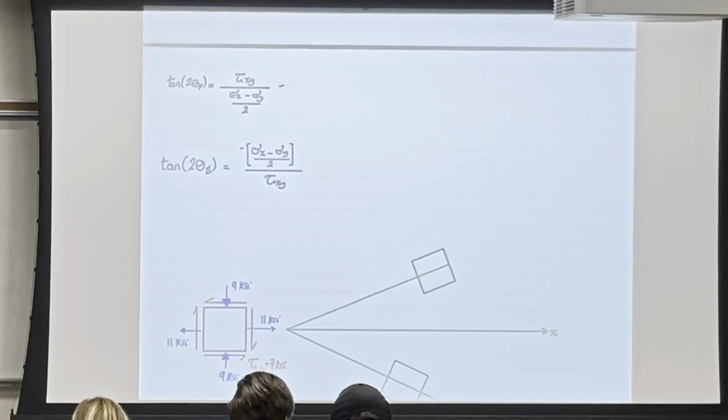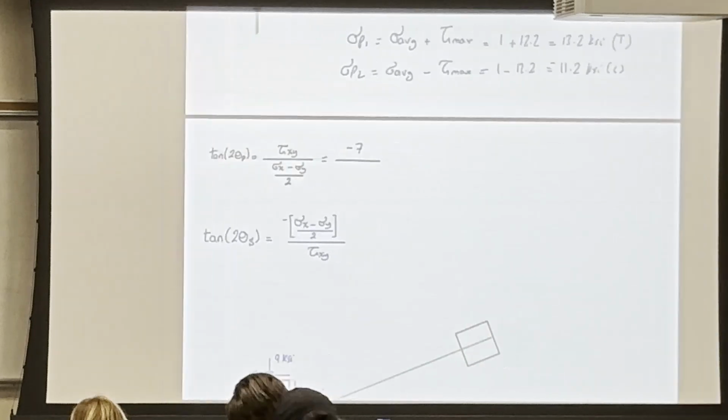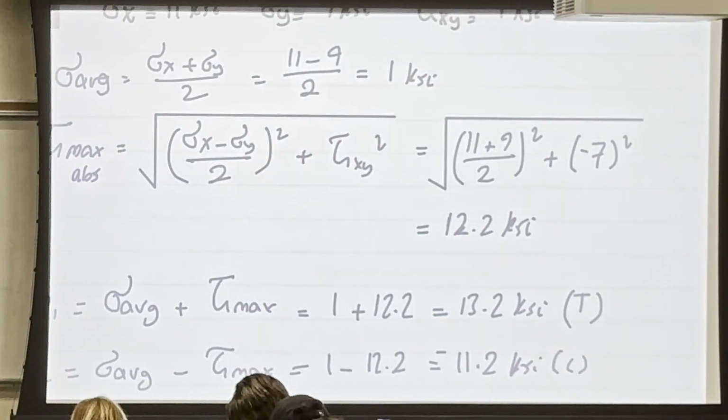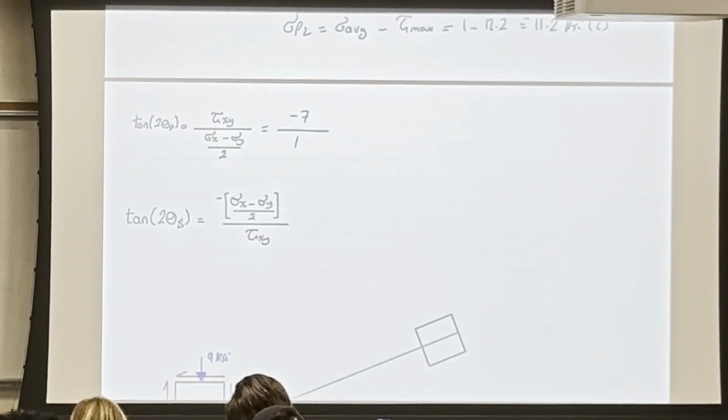Okay? So tau xy, it is negative 7. Sigma x minus sigma y over 2, which was that guy. When I calculated it, it was 10, which is 11 plus 9, which is 20 over 2, that's 10. So I'm going to say negative 7 over 10.